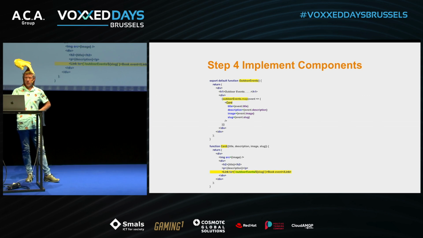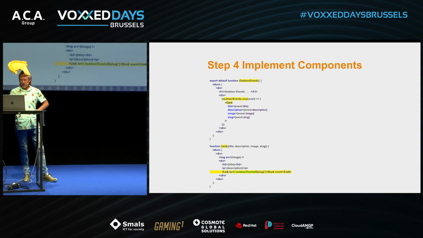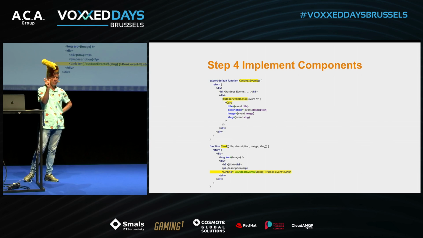Then you have a card, and each card contains a link to your micro frontend to book an event. The link is outdoor events /slug. So the slug can contain your event, for example a Rhino event.